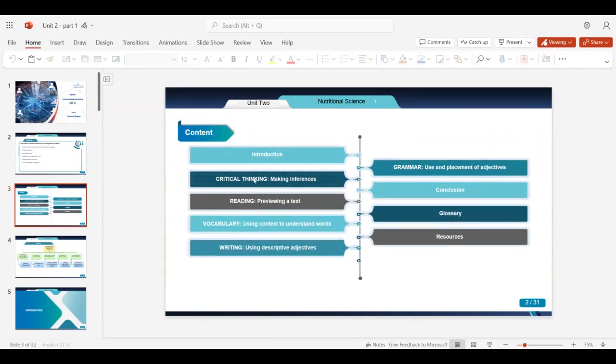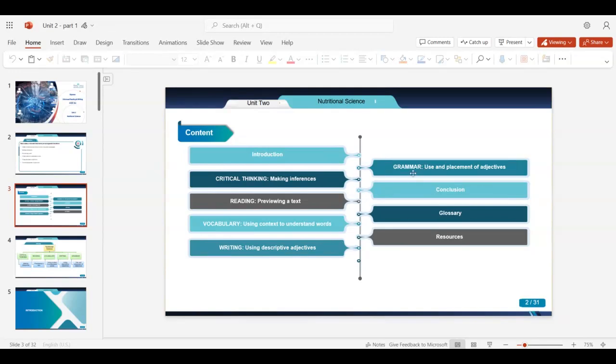So this is your unit 2, the main content. Here we have, after the introduction, critical thinking, where we learn how to make inferences. In the reading section we are going to talk about previewing a text. Then we go through the vocabulary, using context to understand words. Then we have the writing section, in which we focus on descriptive adjectives, adjectives that describe someone.